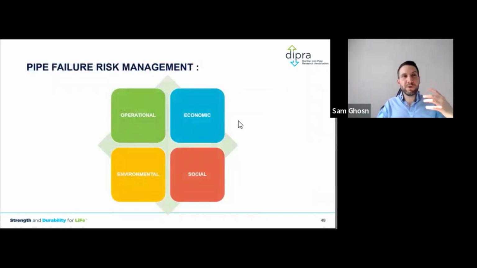So why do we care about condition assessment and failure of iron pipes? For 2 reasons, actually 4 reasons. Operational: you don't want your team working on a Sunday night or on Christmas Eve fixing water mains. So that's why you do condition assessment and preventive maintenance. Economic: it costs a lot more to call a contractor on a Sunday afternoon than on a Monday morning.